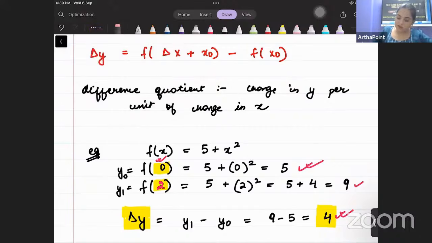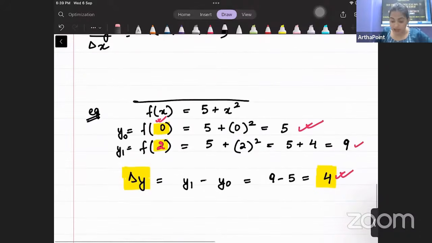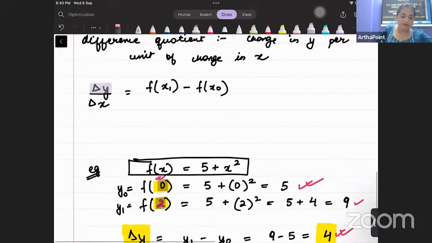This is called your difference quotient. So when you find change in y upon change in x, it is called the difference quotient. What is change in y, beta? When you have put the value of x1 minus the value of x0. When we put x in the function once as 0 and once as 2, the difference of these is the change in y.